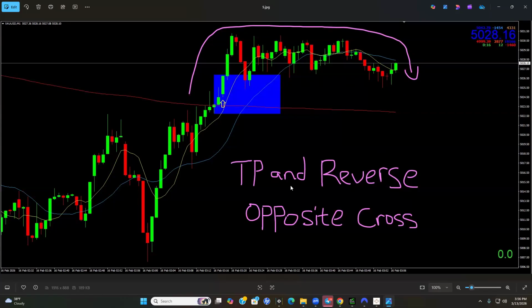Okay, so something else I was looking at, you can see I titled it TP, which is take profit and reverse, the opposite cross. Guess what? There was a bullish cross here, an upward cross, which you could have traded. I mean, there was this cross here.